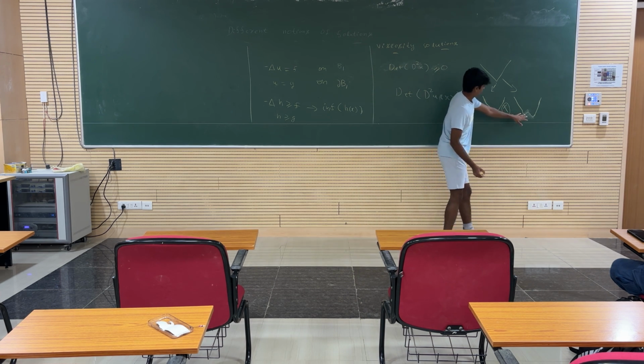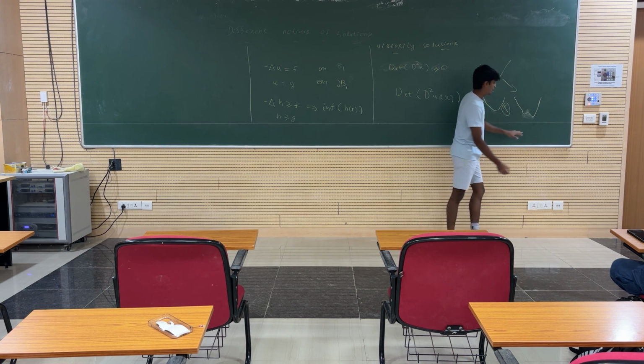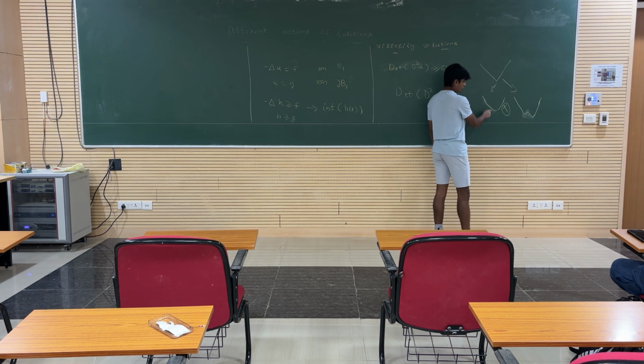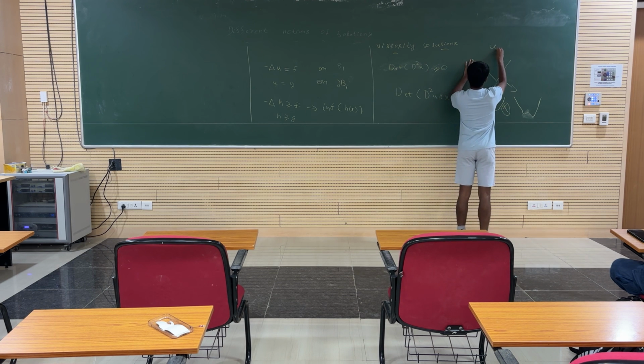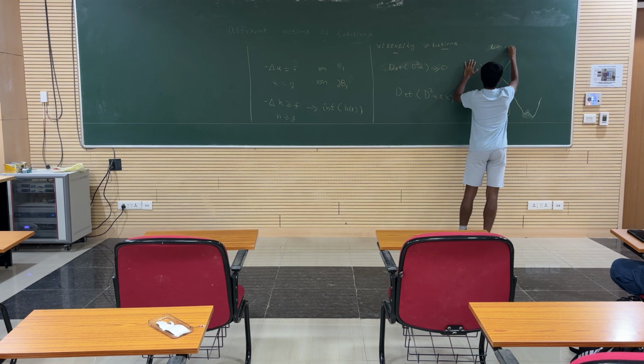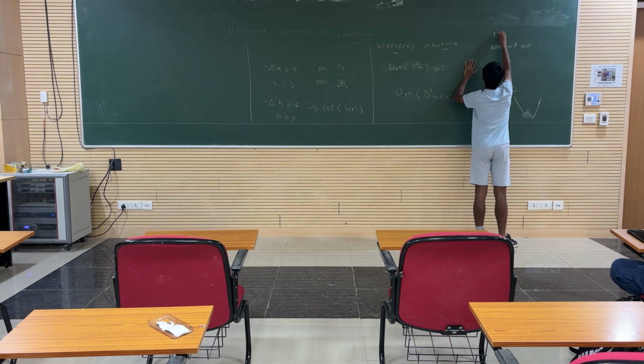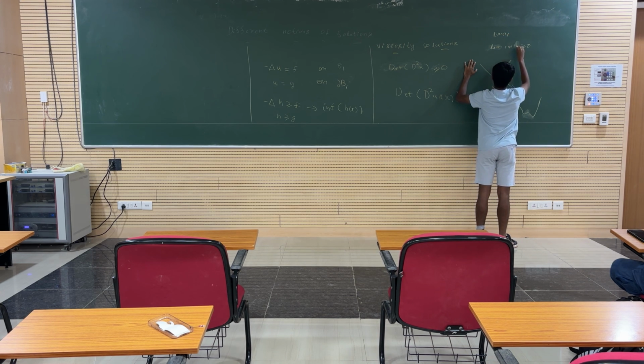So if it is touching from below, I want it to be a super solution. If it's touching from above, I want it to be a sub solution. Basically, in the end, what I'm using is, u is something like lim inf is greater than 0, and lim sup is less than equal to 0.